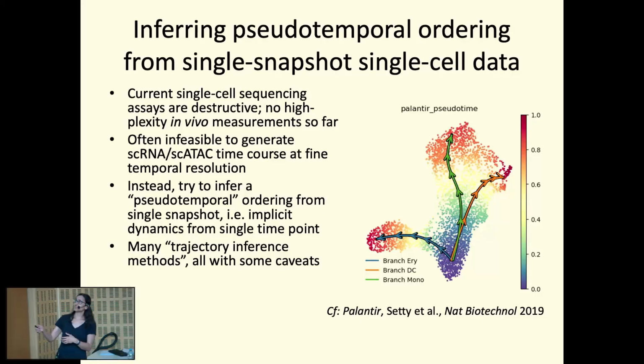It's very complicated. So what we have usually is just a single snapshot, one time point, where we think some cells are earlier in a process and some cells are later in a process. And we're trying to learn a pseudo-temporal ordering, pseudo-time, or trajectories.